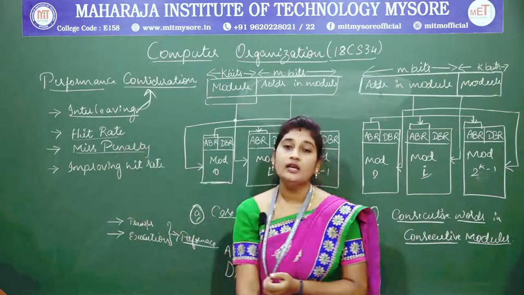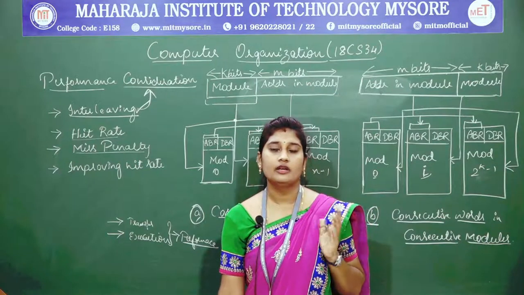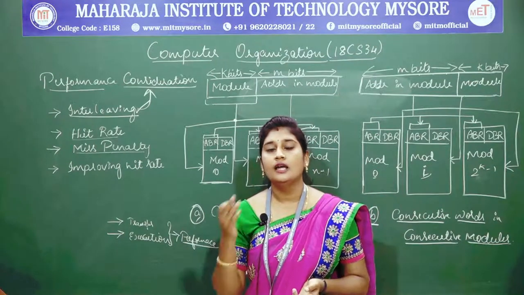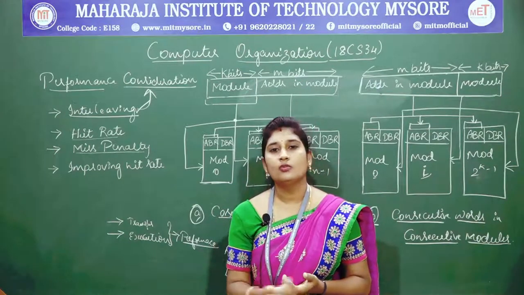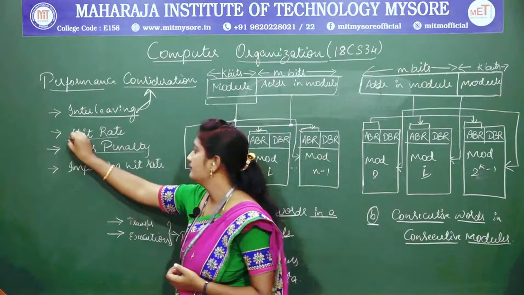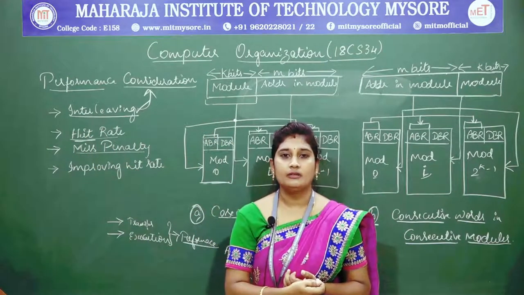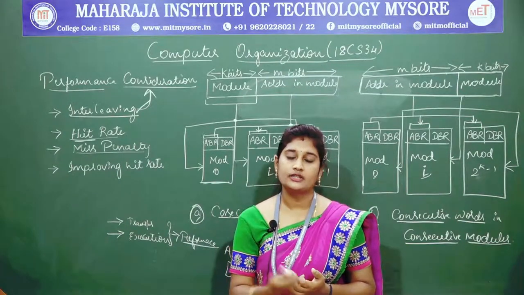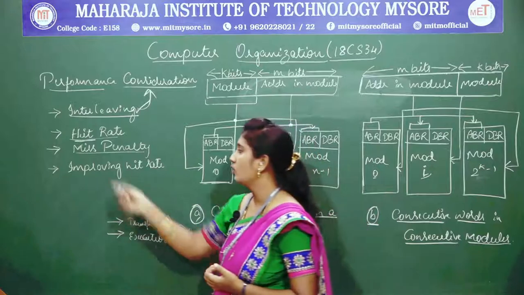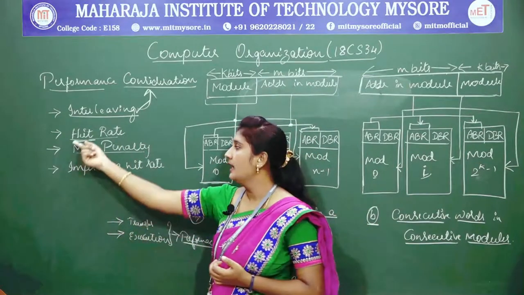What do you mean by a hit? A hit is nothing but, whatever data has been requested by the processor, if that data is found in my cache memory, then it is called a hit. It might be a read operation or a write operation. If I find that request in my cache itself, then I will call that process a hit.